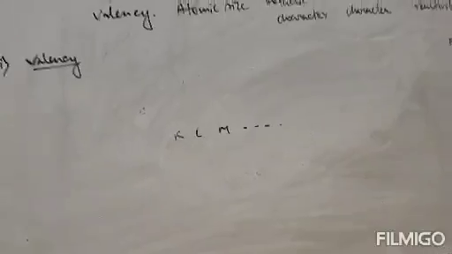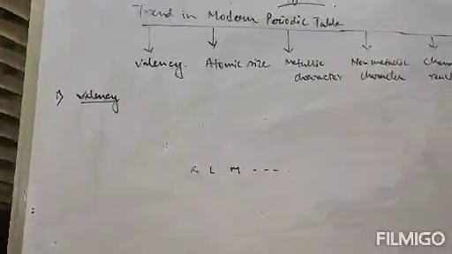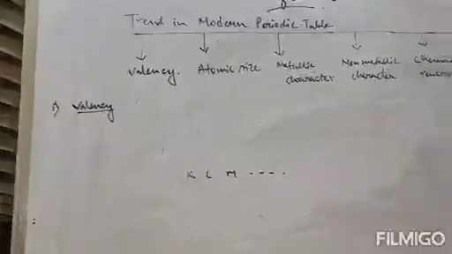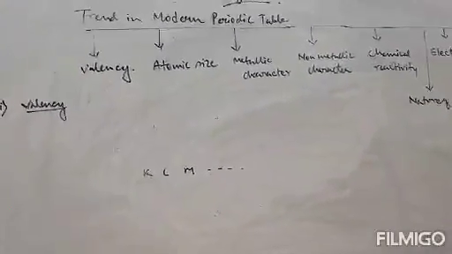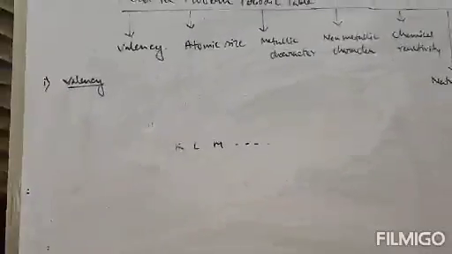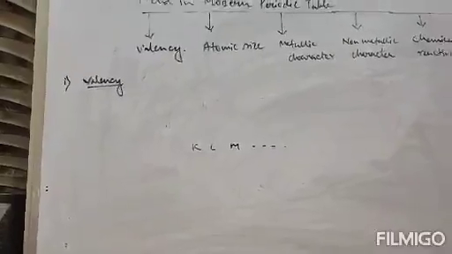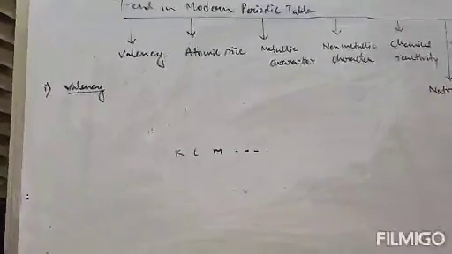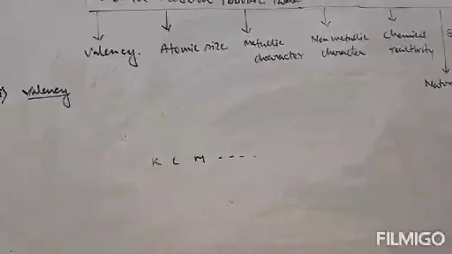The outermost shell is the shell which is farthest from the nucleus. So the number of electrons present in the outermost shell of a particular atom is its valency.